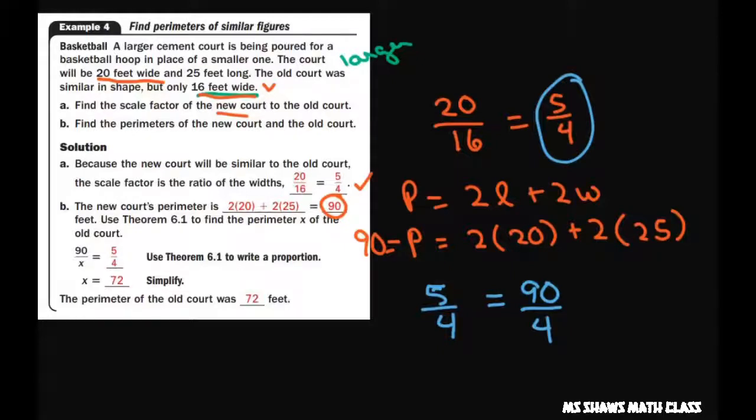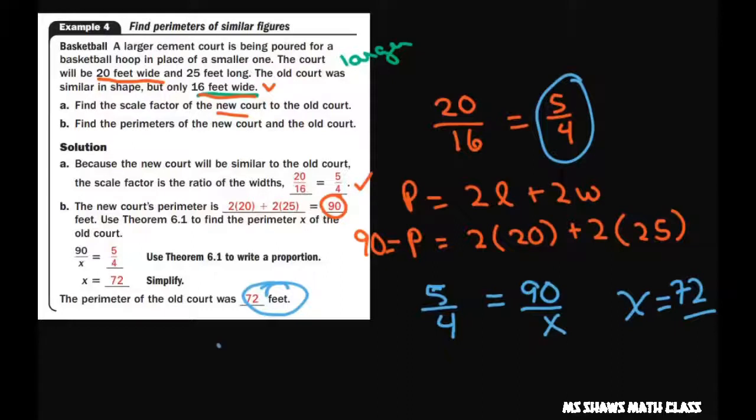Oh wait, this is 90 to x, sorry. 90 to x. So when you cross multiply, which they've already done, you get 72. So basically the perimeter of the old court is 72 feet.